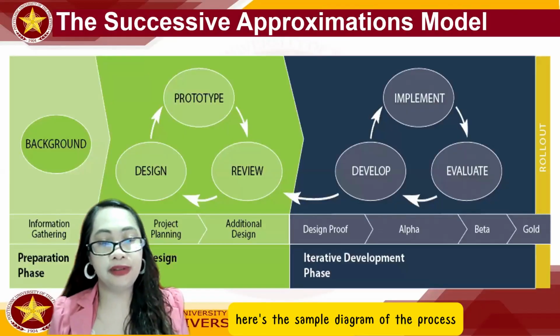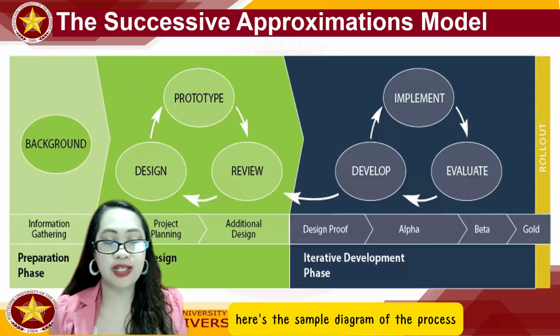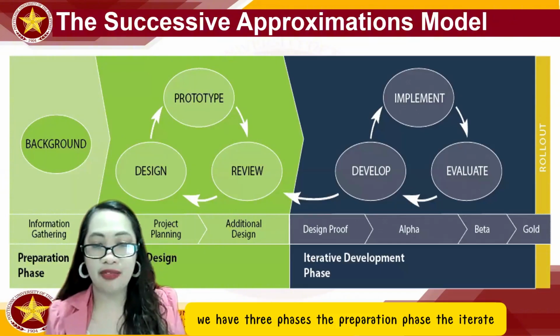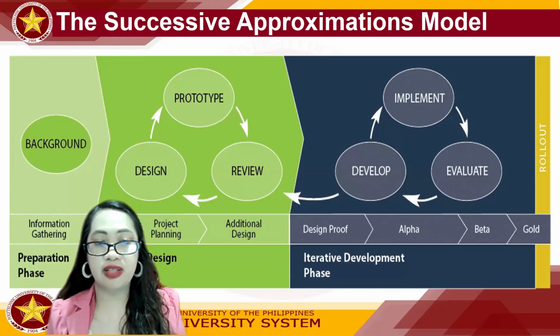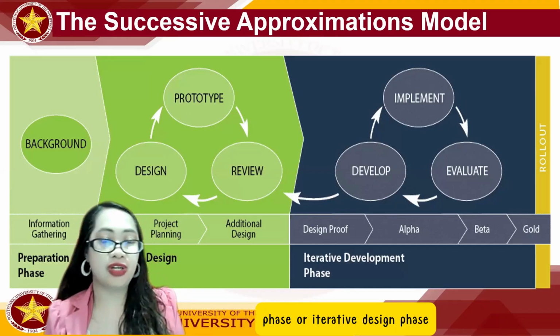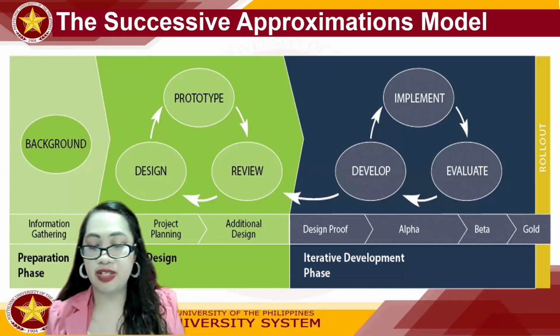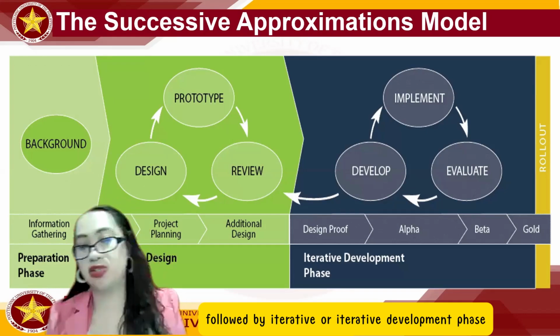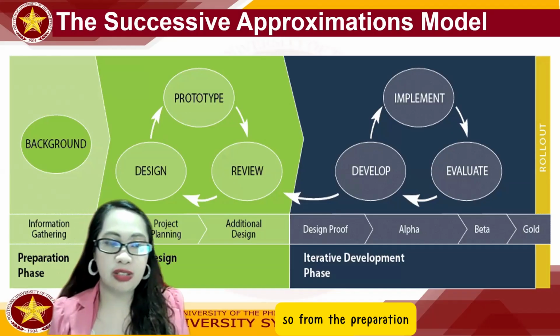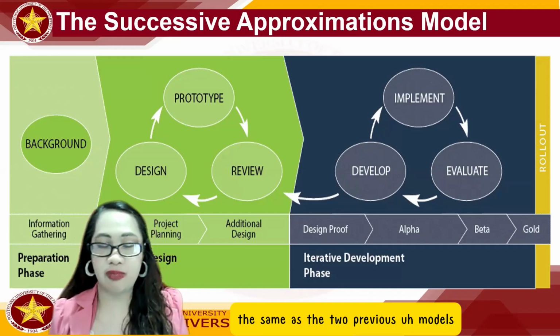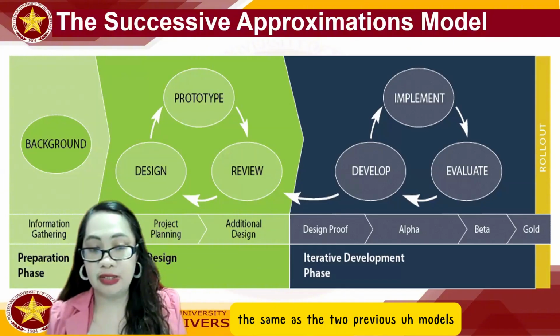Here's a sample diagram of the process. We have three phases: the preparation phase, the iterative design phase, followed by the iterative development phase. So from the preparation, we gather information, the same as the two previous models.